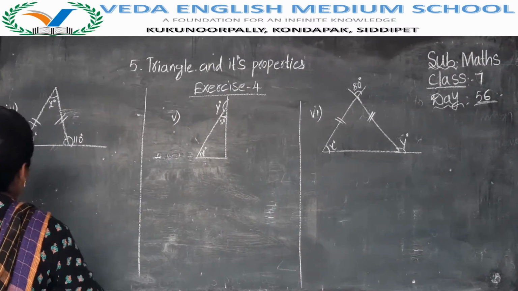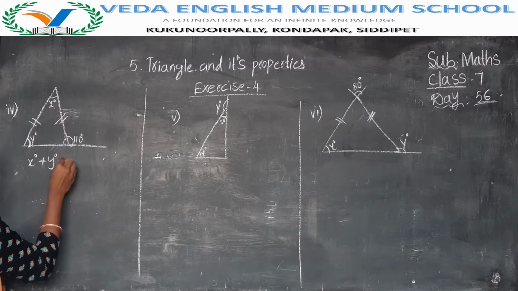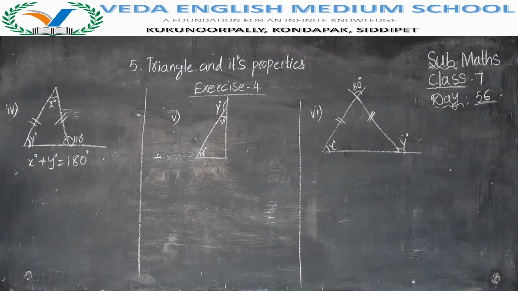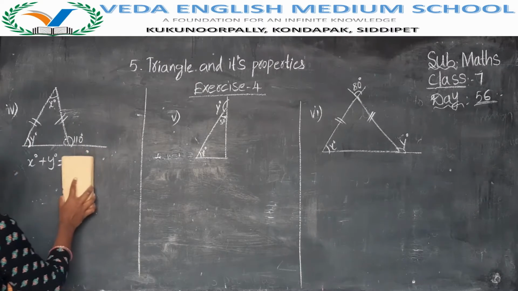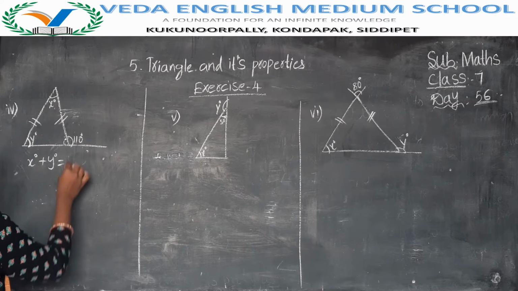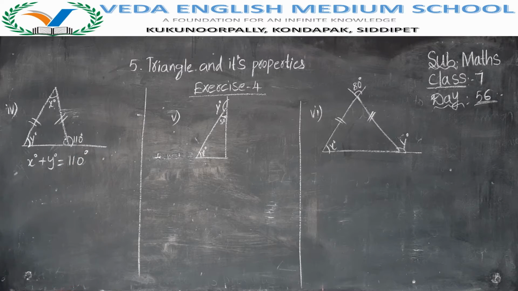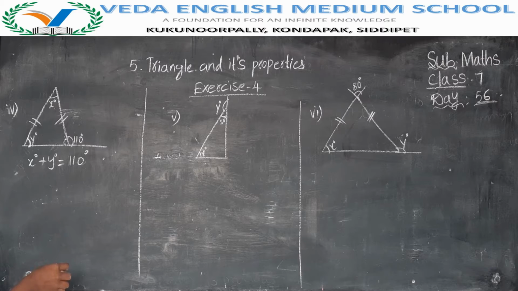First we'll take x plus y is equal to 180 degrees. The exterior angle is equal to the sum of the opposite interior angles.